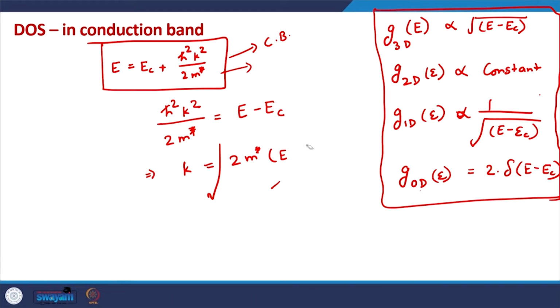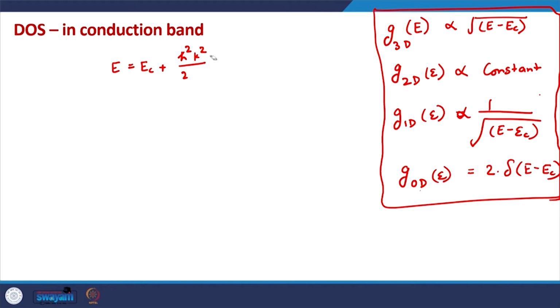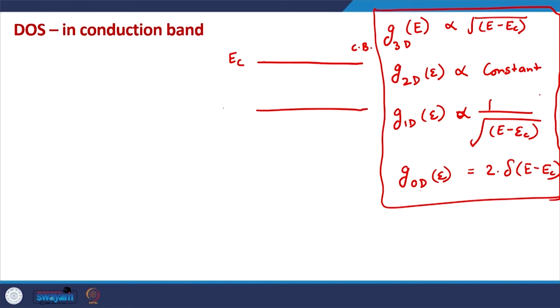And now there is an interesting observation that we can make from these expressions. If we plot, for example, if this is the conduction band, this is EC, the bottom of the conduction band, and this is the top of the valence band EV, so the valence band is here, the conduction band is here, this is the band gap.